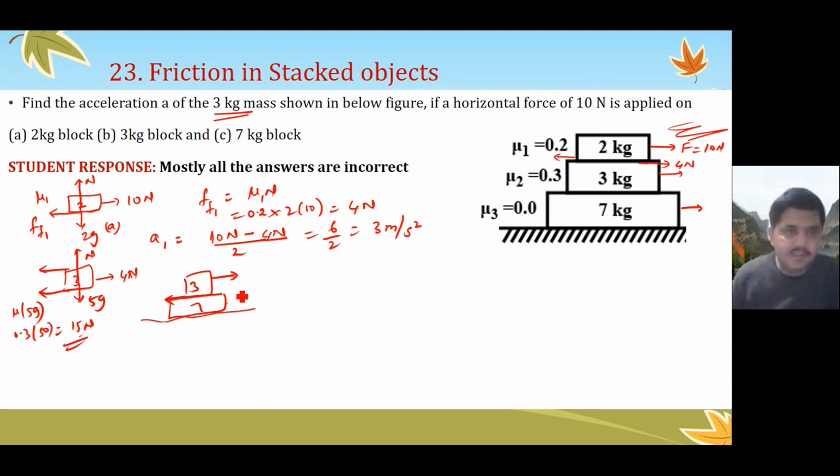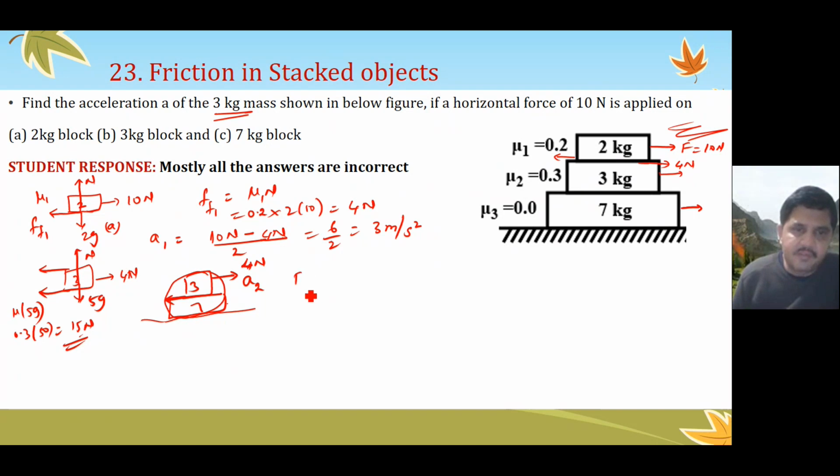Now if they are moving together, the acceleration A2 and A3 are equal here. So there's a 4 Newton force acting over here. This whole thing is one system and there's no friction here.